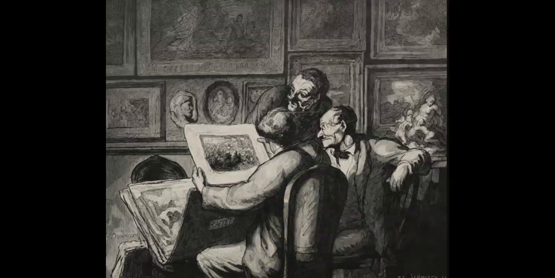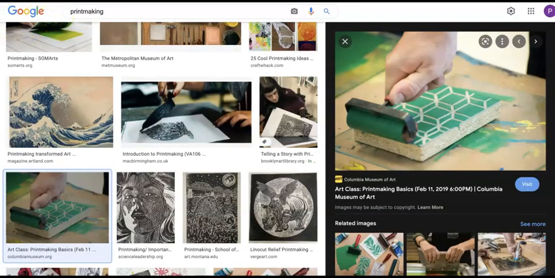What is printmaking as a material and a technique? Well, if you ask Google to give you some information about printmaking, you'll discover that there are many different kinds of printmaking, but what they have in common is that they are techniques for making an image that can be reproduced, the way a poster can be printed in hundreds, thousands, or more copies, mechanical copies.